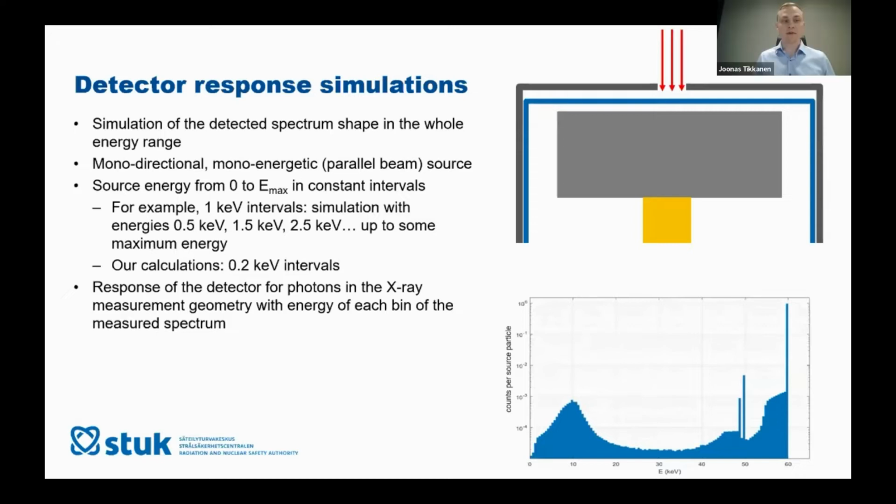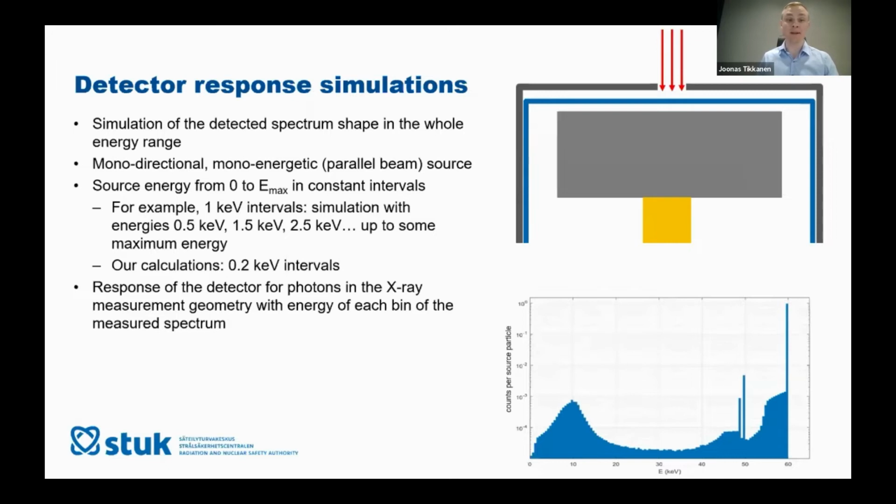So you use a monodirectional monoenergetic source that is pointing through the collimator hole, and you make separate simulations with source energies from 0 to this maximum energy that you want to use in constant intervals. For example, if you want to have 1 kV intervals, you make simulations with energies 0.5 kV, 1.5 kV, 2.5 kV up to some maximum energy.